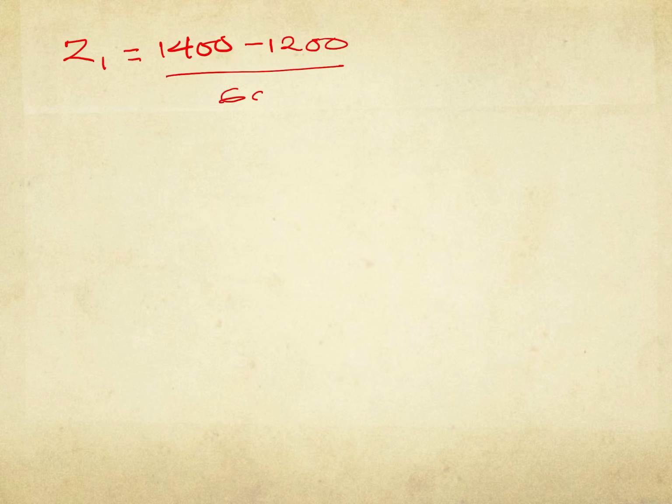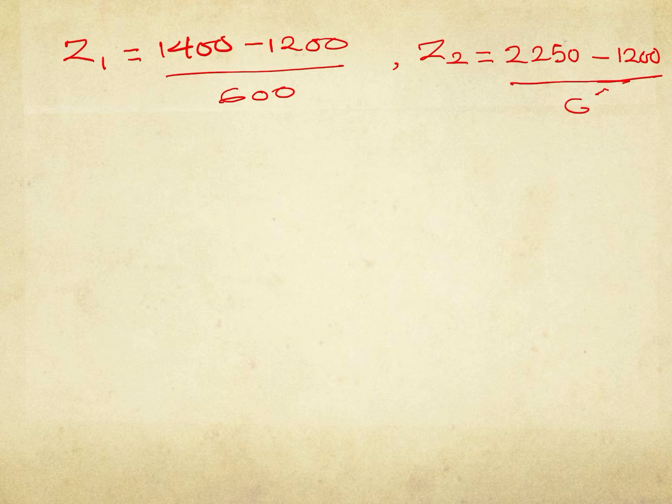So that would be 1,400 minus 1,200 divided by 600, and then z2 will be 2,250 minus the average 1,200 divided by 600. If you do that, the value we get will be 0.33, and this gives us 1.75.